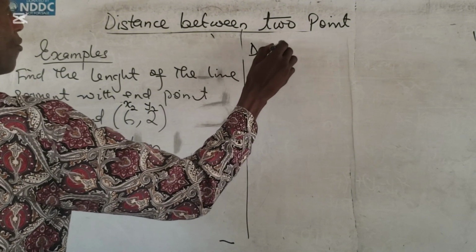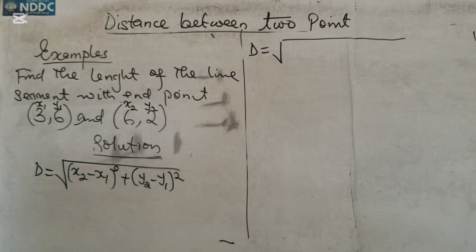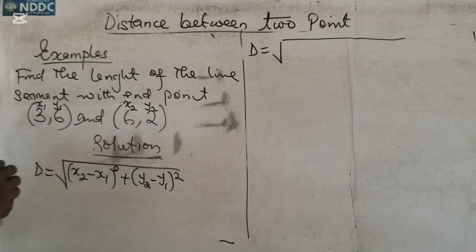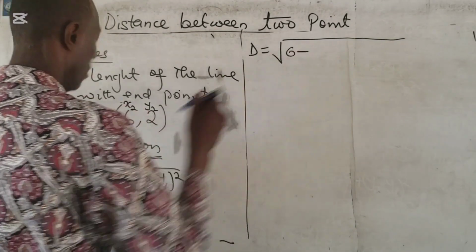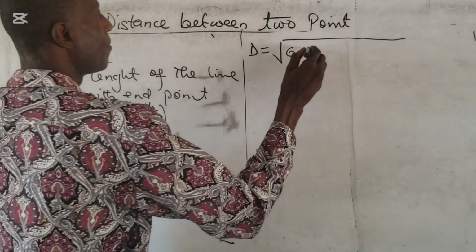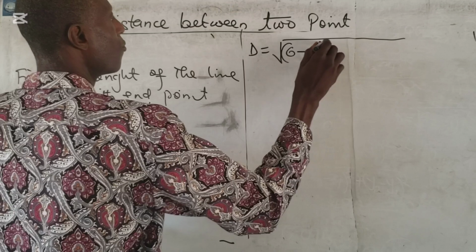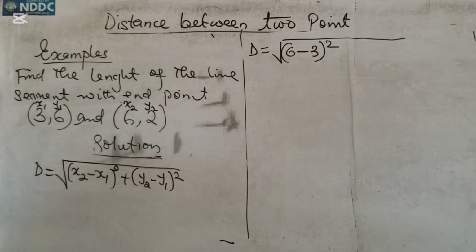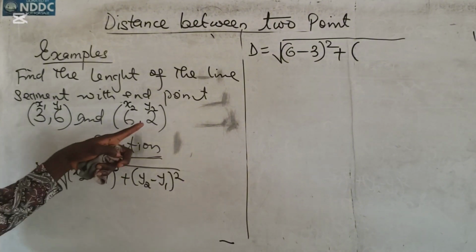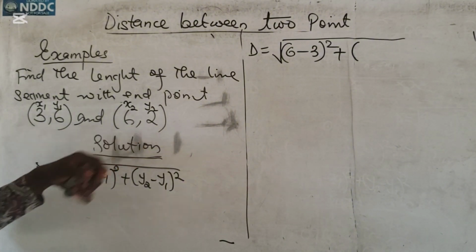will be the square root of what is now x2. Look at x2 here, 6. What is x1? It is 3. 6 minus 3, all squared, according to the formula, plus what is y2? y2 is 2.